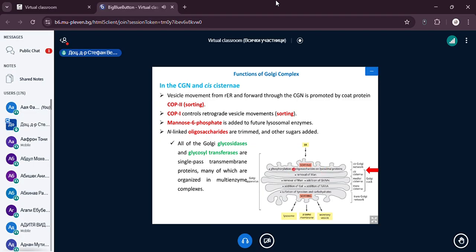Additionally, here in the trans-Golgi network, proteins which will become lysosomal enzymes, we'll discuss lysosomes as organelles during the second lecture today.